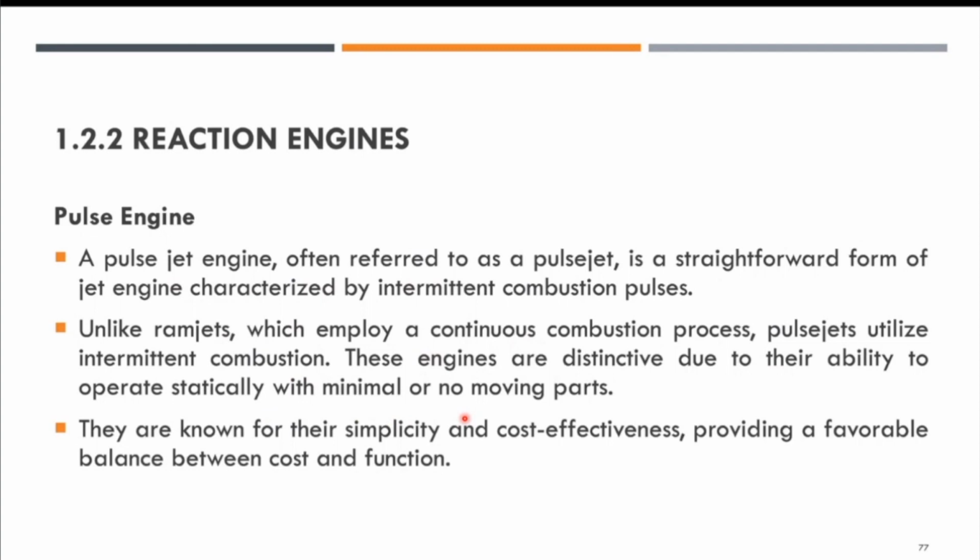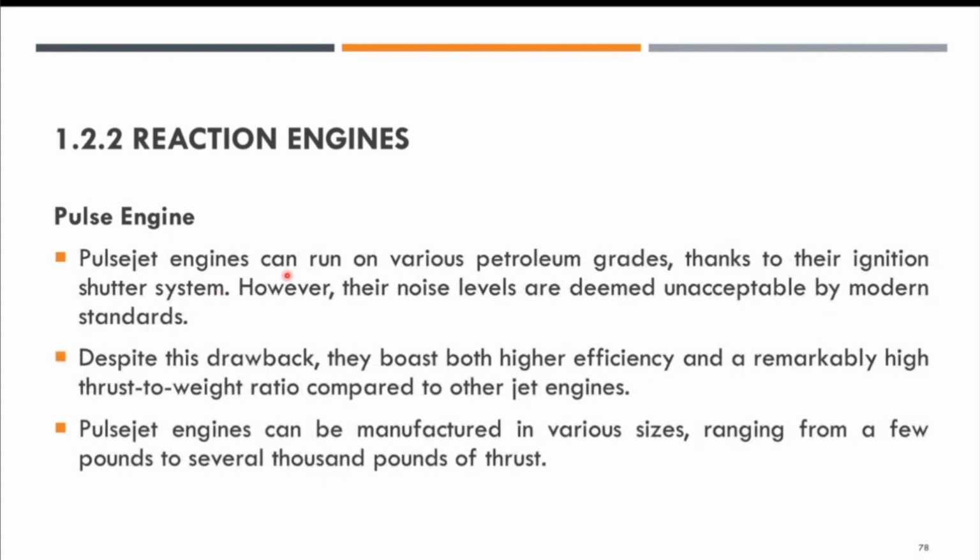They are known to be simple, cost effective, and providing a favorable balance between cost and function. A pulse jet engine can run on various petroleum grades, thanks to the ignition system. However, their noise is deemed unacceptable because it's very noisy.